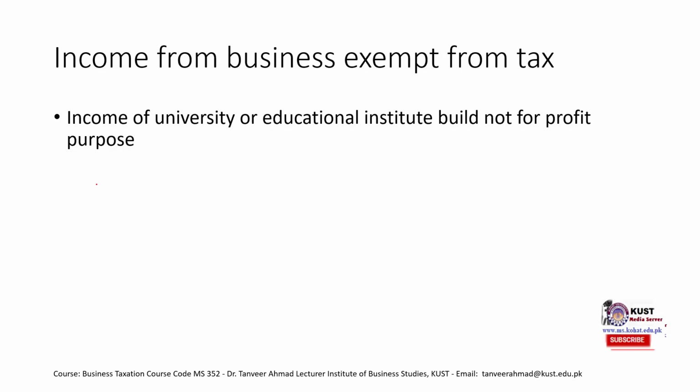So, all the universities and educational institutions are organizations, and they might seem like a business, but all the universities or educational institutions that are built not for profit purposes would be exempted from income from business. So they might have an income, but they would be exempted because the purpose or the constitution is not under the Companies Ordinance or Partnership Act, etc. They are not for profit purposes.